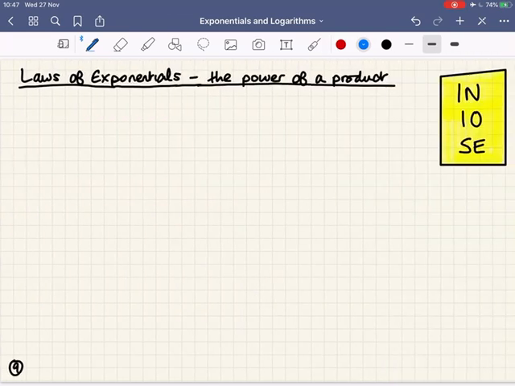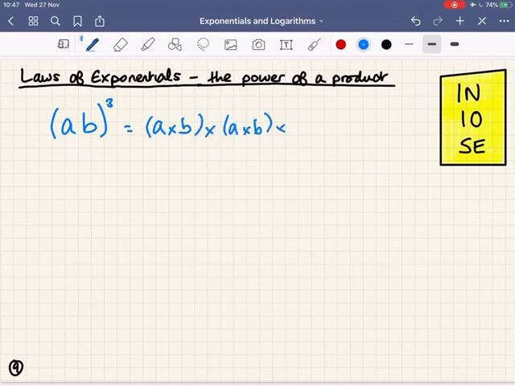The power of a product. Sometimes we have an expression where we've got two things multiplied together, so maybe AB, and we're raising it to the power of something, AB all cubed. We can think of it in the totality as all being cubed, but we can also split it out. This is A times B times A times B times A times B, which is the same as A cubed B cubed.